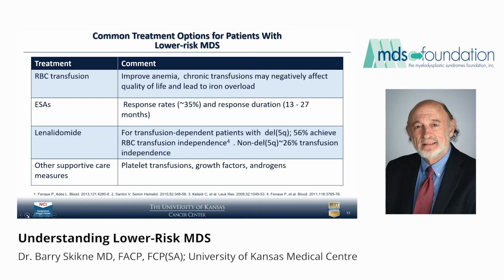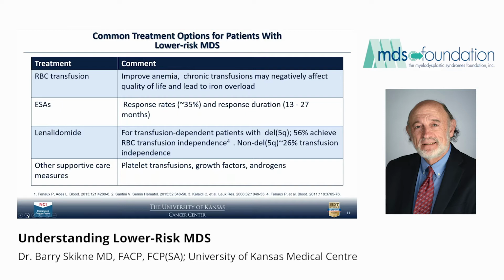So this next slide shows a table of some of the common treatment options that are used more for supportive therapy in lower risk disease than for disease altering therapy. So first of all, red cell transfusions.